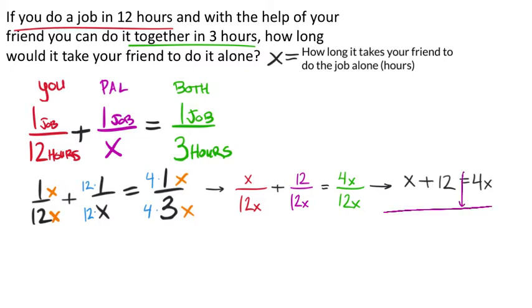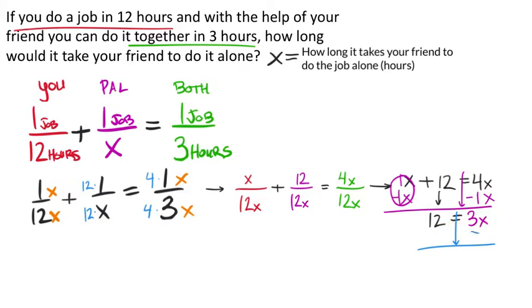But I'm gonna isolate, in this case, the x's by getting them all on the same side. So I'm gonna subtract an x. It's really a 1x, if you really wanna see that, but that's gonna zero that out. Drop your 12, which now equals 4x's minus 1x's would be 3x's. And then finally, here, I just want 1x's, right? So this, by the way, is telling us if your friend did the job in this many hours, they'd do 3 jobs, it looks like, in 12 hours.